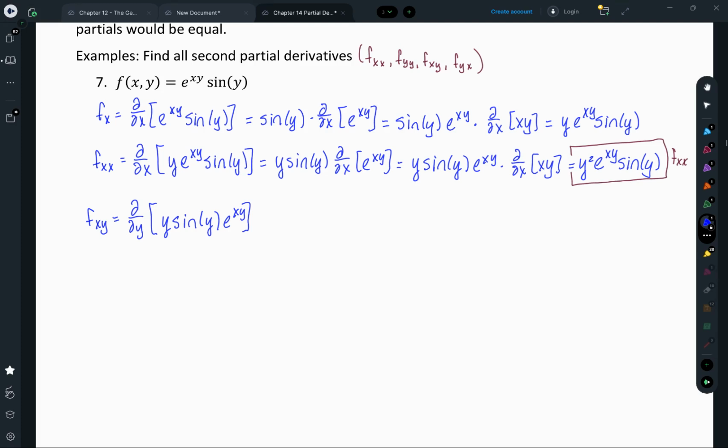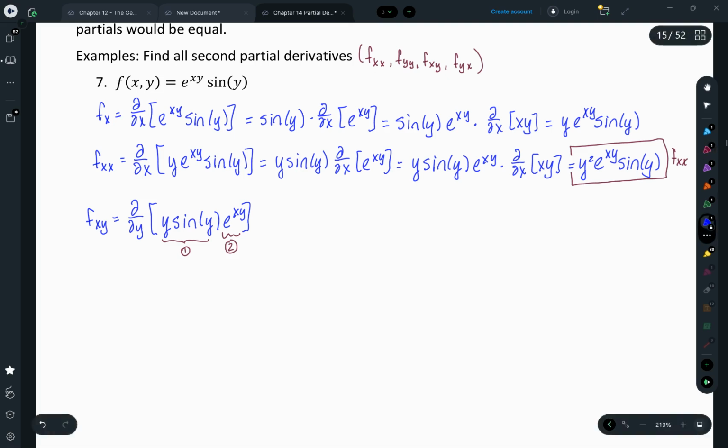And I don't want to do a triple product rule because I tend to get lost in those. So instead, I'm going to treat y sine of y as one function and e to the xy as my second function. And I'll just do a regular old product rule, and then I'll see inside of that how the other product gets handled. Okay?